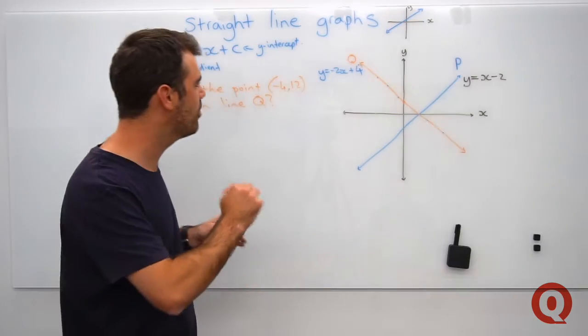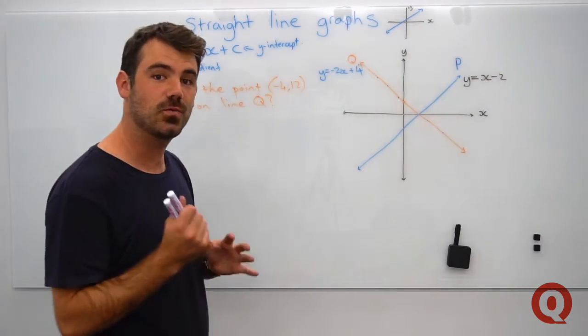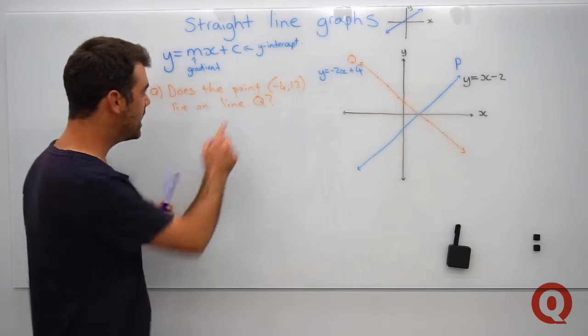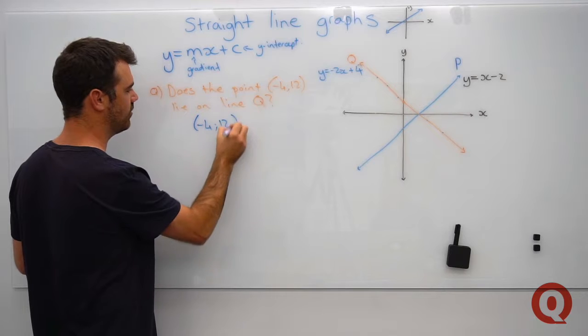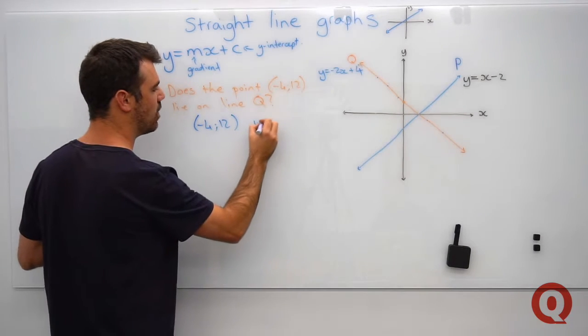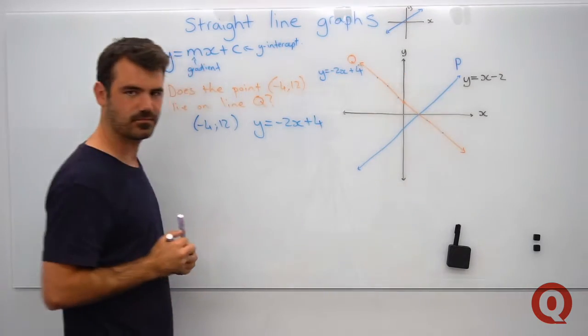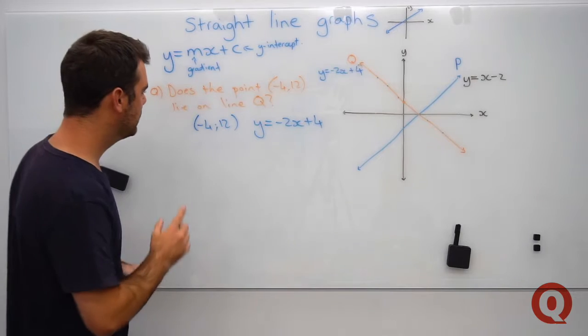If we're looking to find a point on any line, that point needs to work with the equation for that line. So they give you the point -4 and 12, and our equation is y is equal to -2x plus 4. Remember, I can only do it if my equation is in pure form.